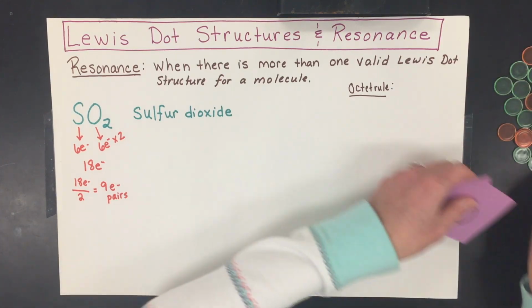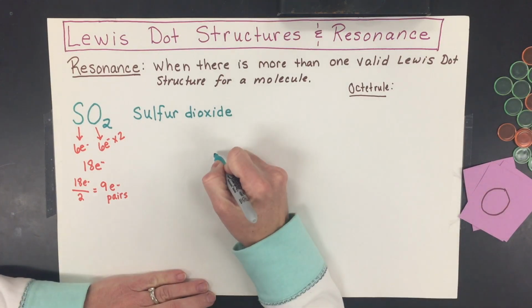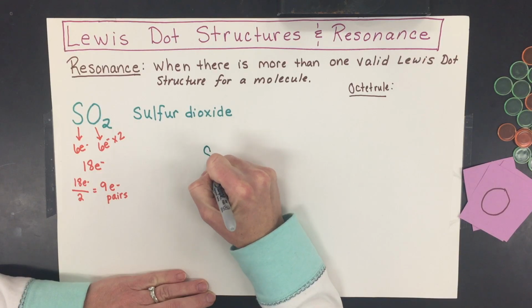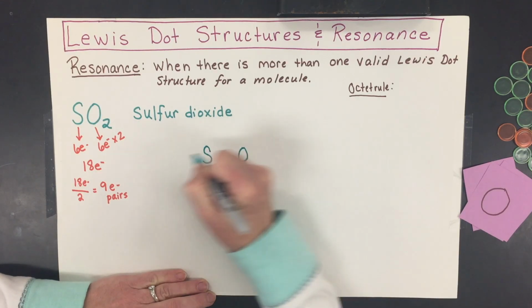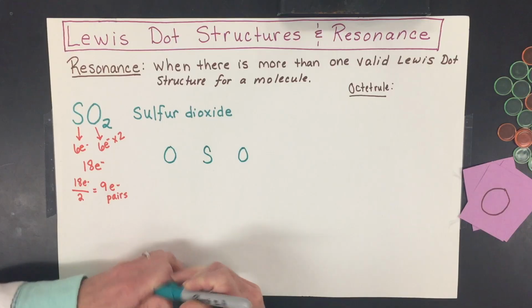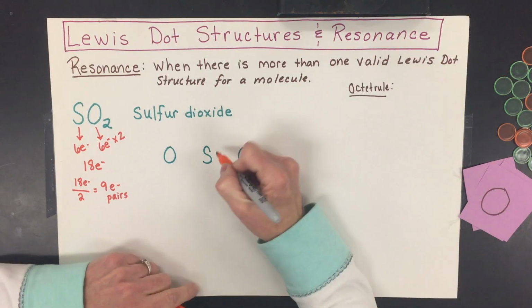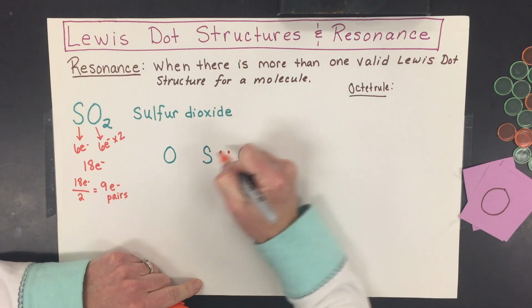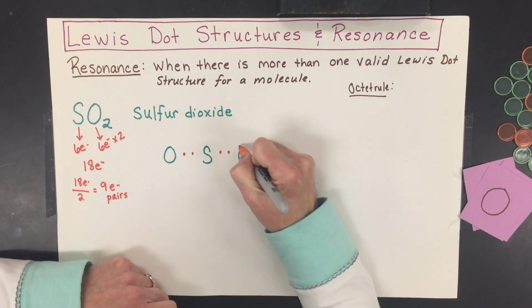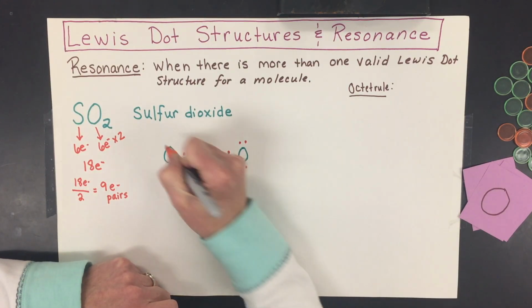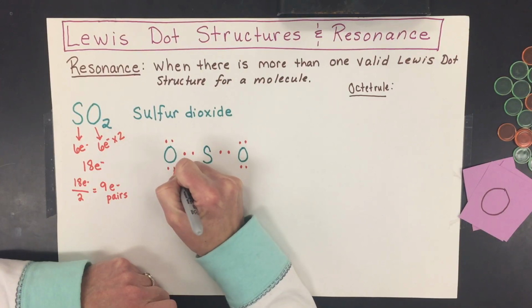So what it would look like again is you have your atom in the middle, which is sulfur, and then I have my outer atoms, and they're oxygens. And then the electrons were placed, a pair between them. And then the next thing I did was I placed a pair on each oxygen, 2 pairs actually.